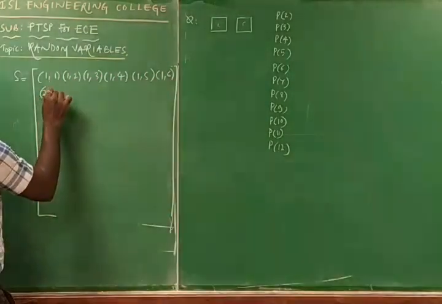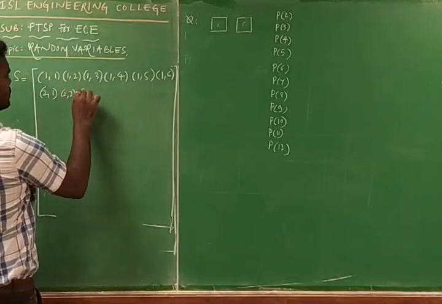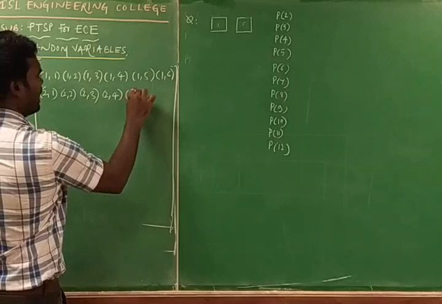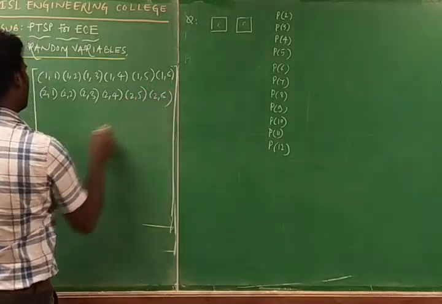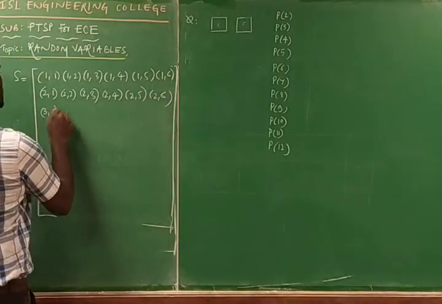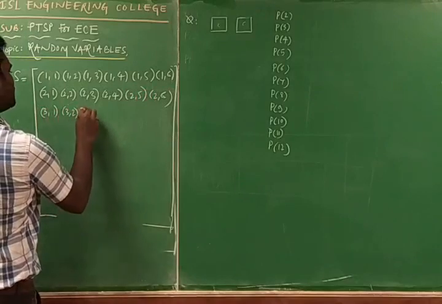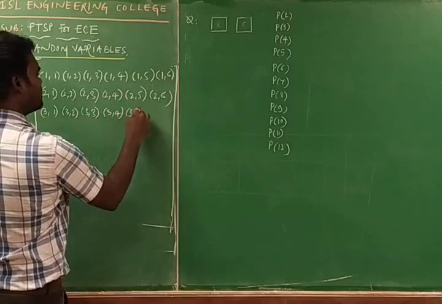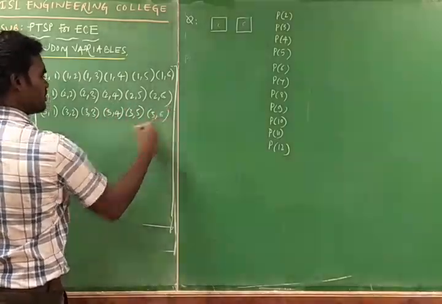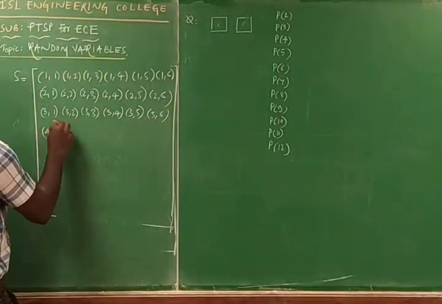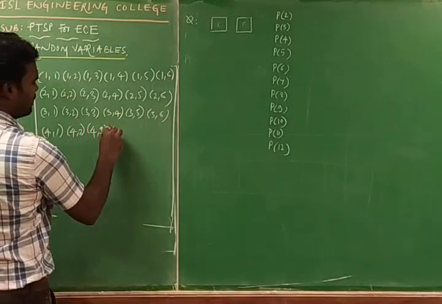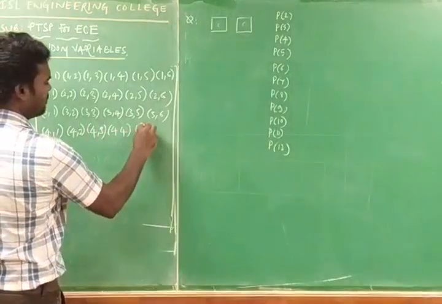Then 2 1, 2 2, 2 3, 2 4, 2 5 and 2 6. 3 1, 3 2, 3 3, 3 4, 3 5, 3 6. Then 4 1, 4 2, 4 3, 4 4, 4 5, 4 6.